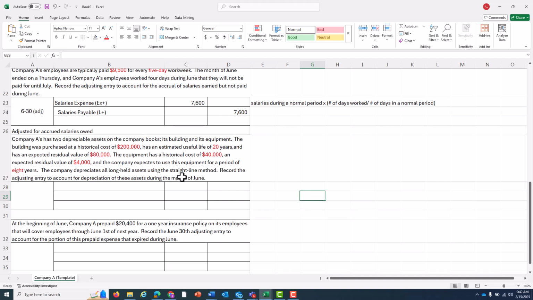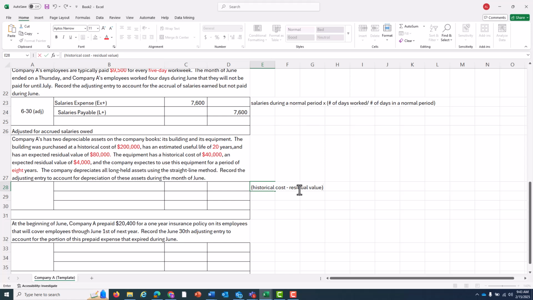We're going to depreciate it using the straight line method, which means we're going to take an equal chunk of the value it's going to lose over its life away from those assets every single month. The formula for straight line depreciation of all assets is historical cost minus residual value. The difference between what you paid for it originally and what it's going to be worth at the end of its life, because that difference is how much value it has to lose.